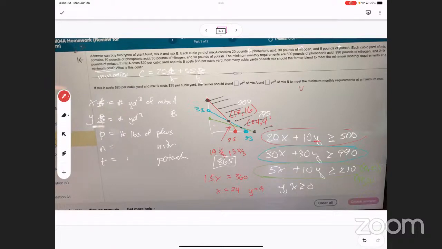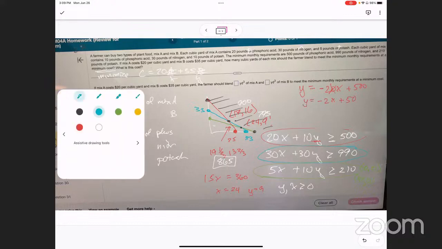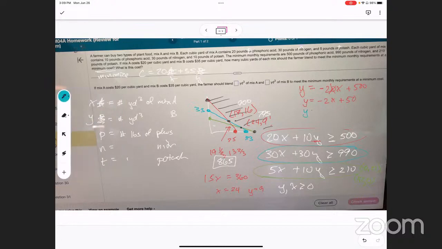So the red one would be y equals -20x plus 500 divided by 10. So it'd be -2x plus 50. That's the y. Okay, that's your y equation. The blue equation is y equals, I'm going to subtract 30x and divide by 30, right?